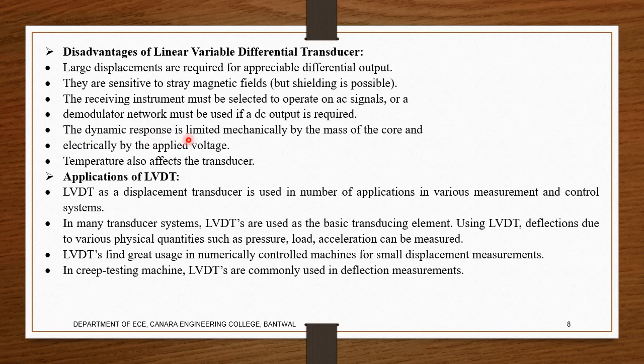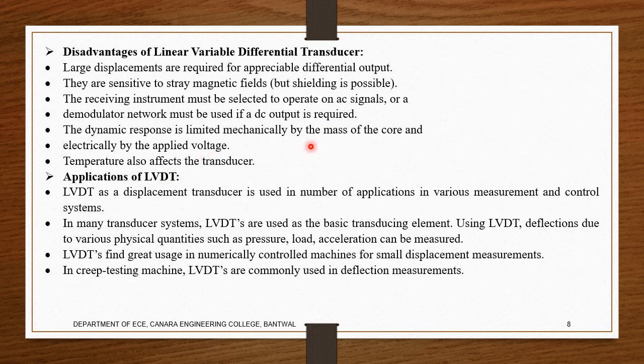The dynamic response is limited mechanically by the mass of the core and electrically by applied voltage. So this depends on the core. If the core is heavy, the movement is very slow, so at that time we can't get a very high voltage and a faster linear movement. So the mass of the core is affecting the applied voltage.